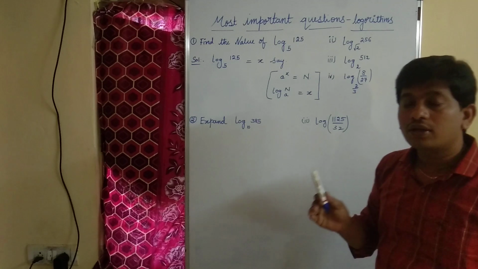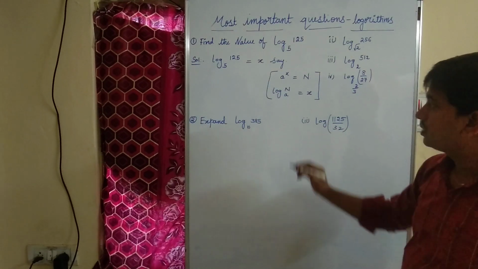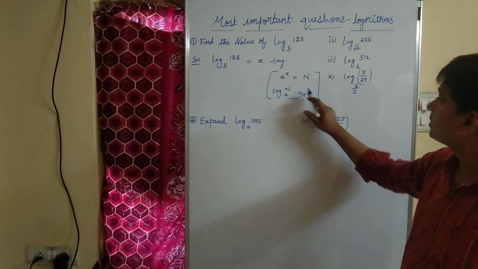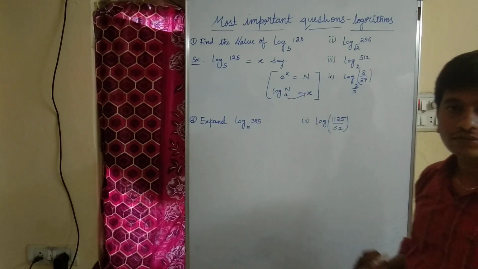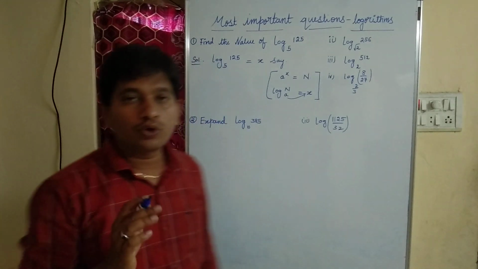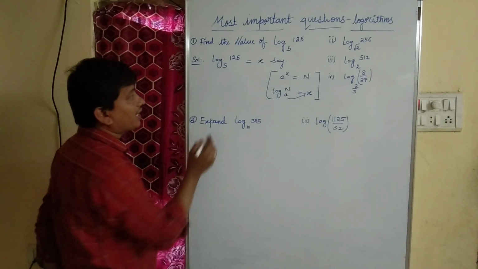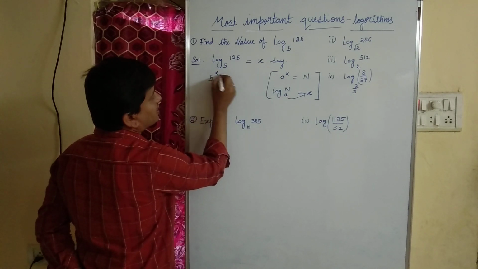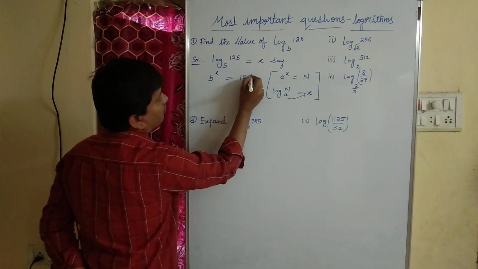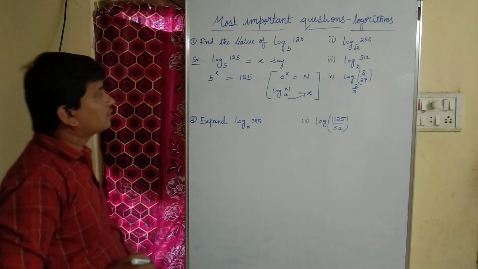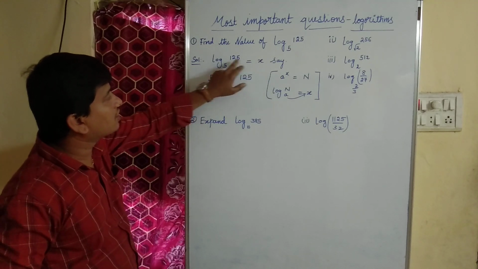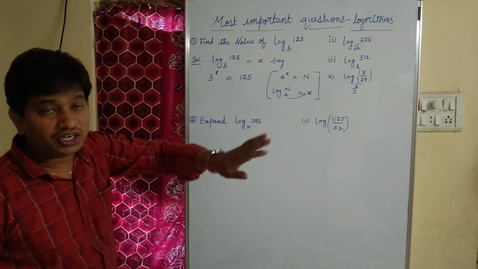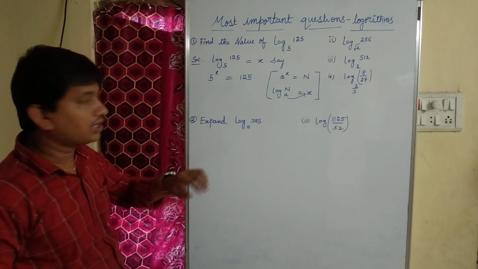How to convert logarithmic form into exponential form? Simply see, a power x equal to n. I mean log 125 to the base 5 equal to x, I can write as 5 raised to the power x equal to 125. We are converting logarithmic form into exponential form.